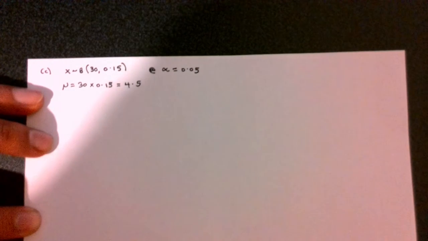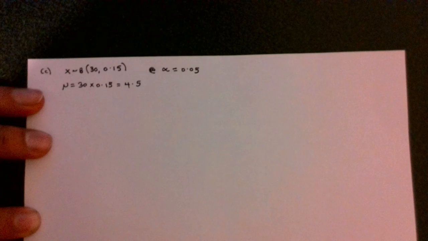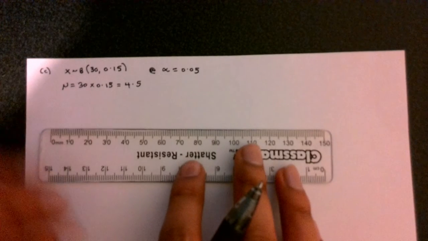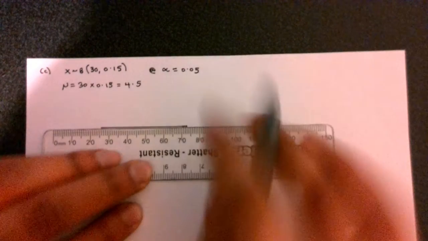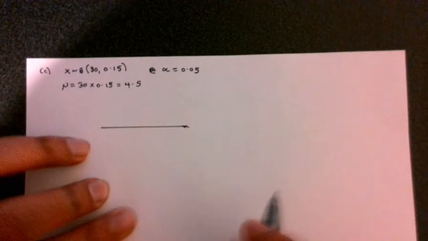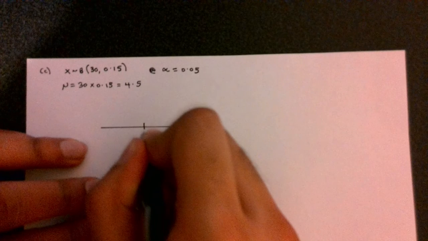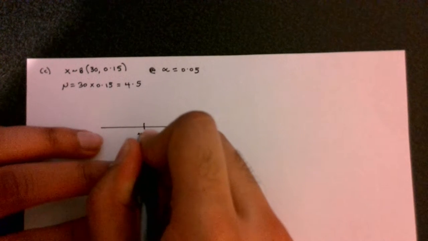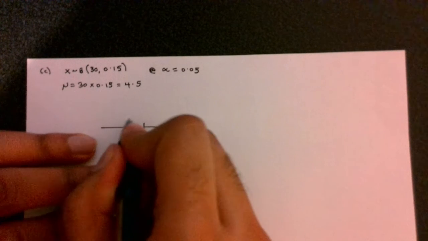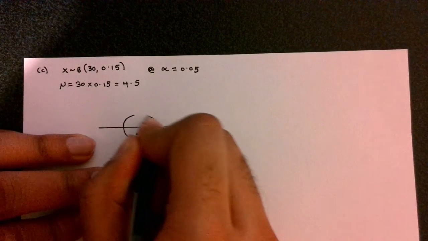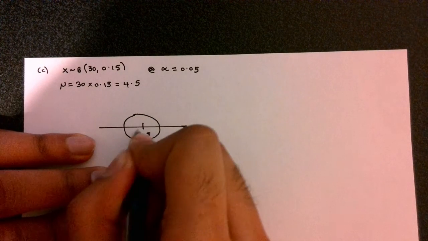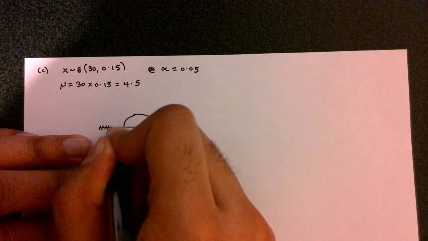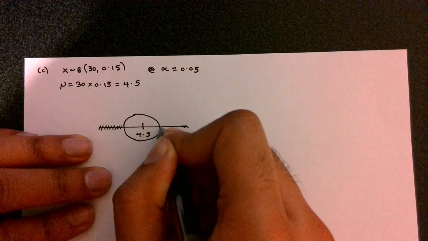Now, if we were to draw this out, when we talk about finding a critical region, if I draw out the distribution, we've got our mean of 4.5, and we've got some sort of a region over here where we accept H0. Everywhere else we reject H0.